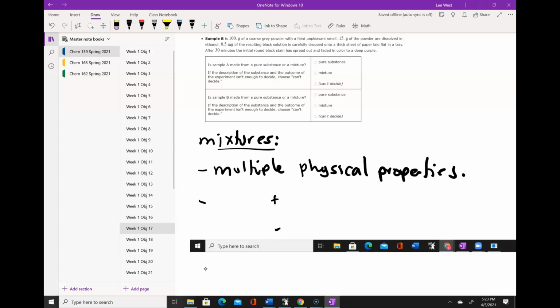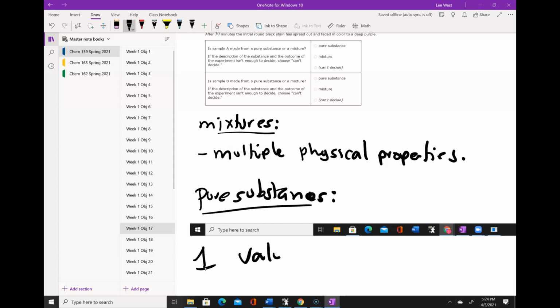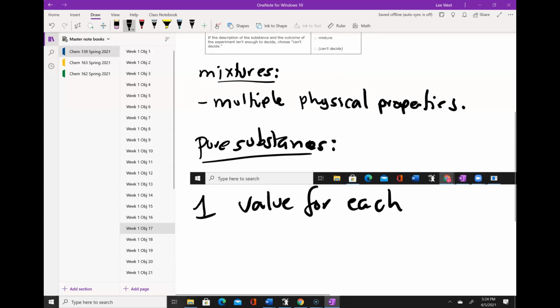It could be the density. If I have a mixture of oil and water, there are multiple physical properties. The oil is less dense than the water and will float on top of the water. So in mixtures, we're going to have multiple physical properties present. In pure substances, we have only one value for each physical property.